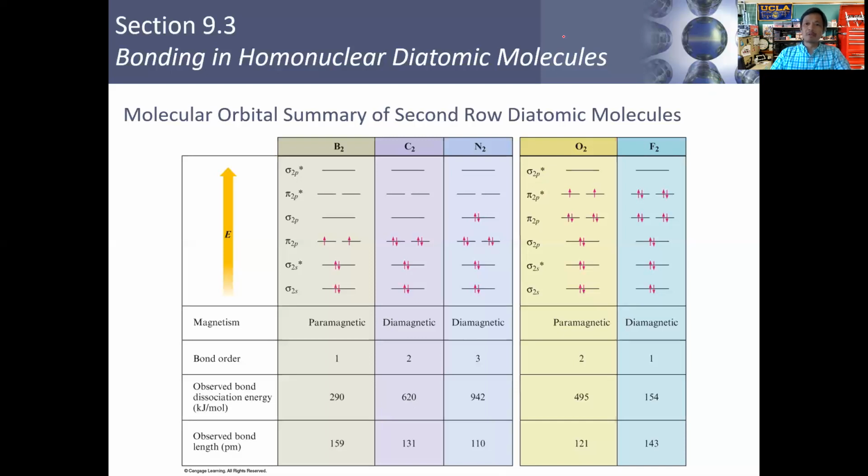situate the electrons in this manner here, where we have the sigma 2p orbital being higher in energy than the pi 2p orbitals, and then it reverts back to what we predicted when we first came up with these orbitals. You have the sigma 2p lower in energy than the pi 2p.